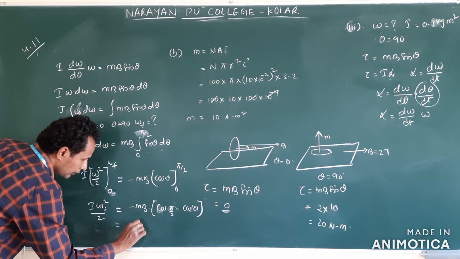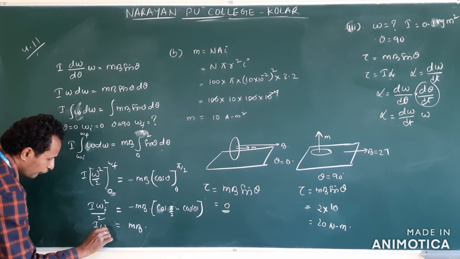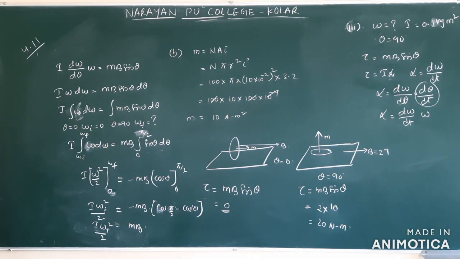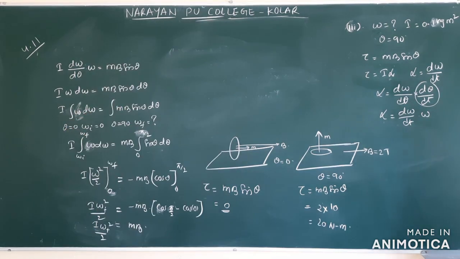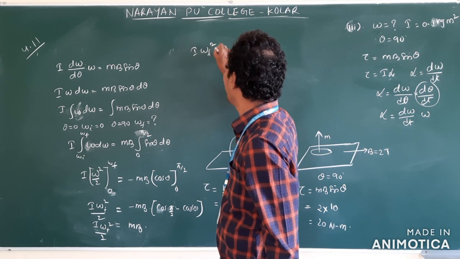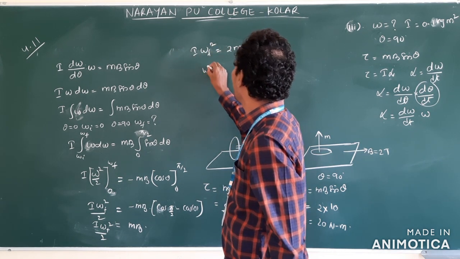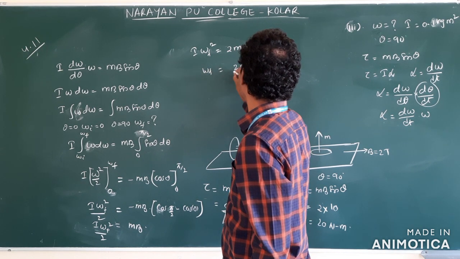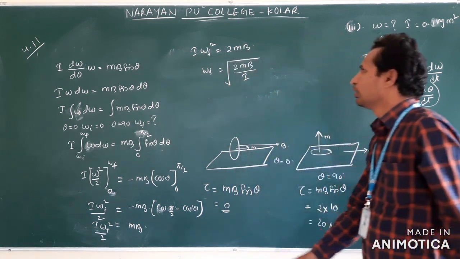So this is mB. I omega final square by 2 equals mB, so we can write I omega final square is equal to 2mB. Omega final is equal to under root 2mB by I.